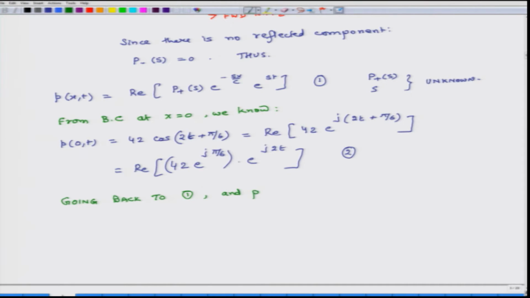So, we put x is equal to 0, we get P at 0, at the origin, is equal to real of P plus of s, and when we put x is equal to 0 in this situation, then this term goes away, e to the power of minus s x over c. So, the only thing we are left with is e to the power of s t. Okay. So, that is our equation 3.